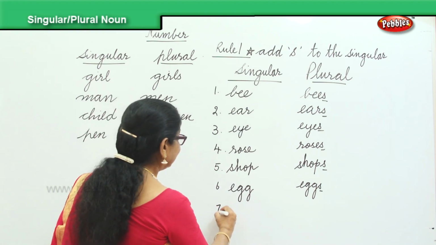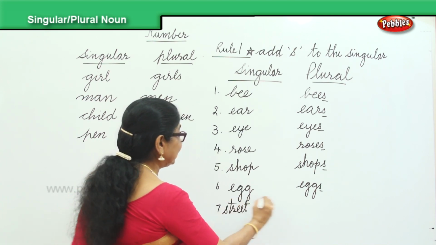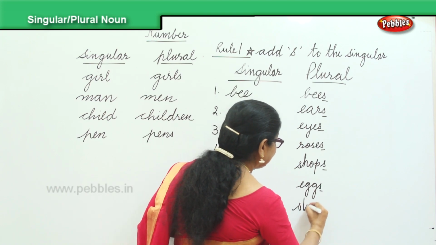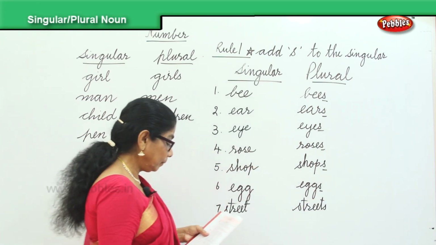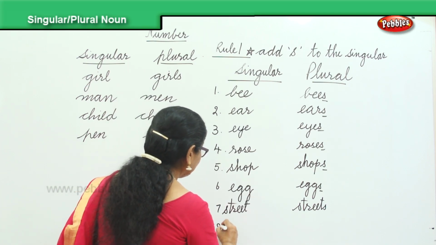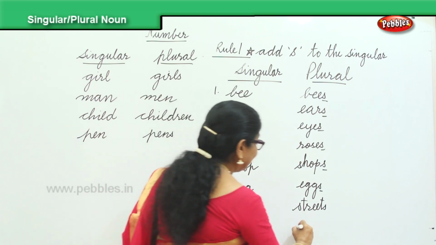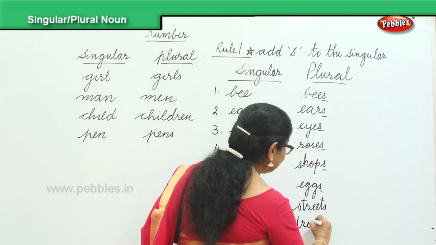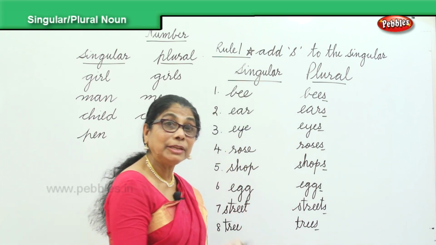Okay. Street, streets. Okay. Tree, trees. So what have we done? Added s.